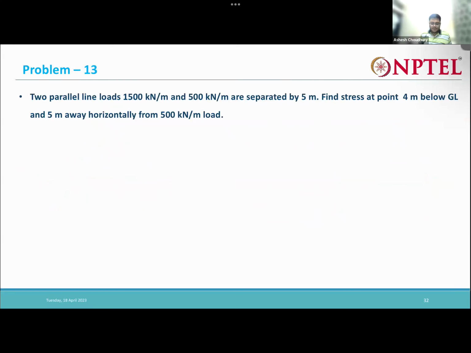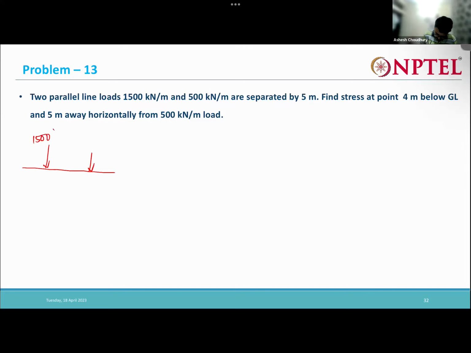The next problem: two parallel line loads of 1500 kilonewton per meter and 500 kilonewton per meter separated by 5 meters. Find stress at a point 4 meter below ground level and 5 meter away horizontally from the 500 kilonewton per meter load. If I draw the front view, you have two line loads.